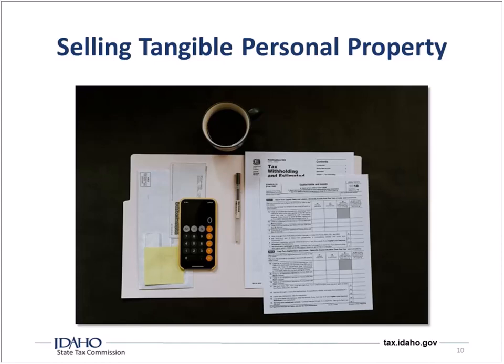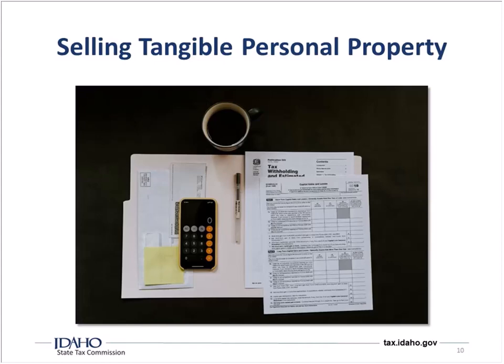Yeah, I see that. Is it different for online-only businesses? That's a great question. The answer is not really, except in certain circumstances. For example, if all of your sales are being made out of state and you don't ever sell anything into Idaho, you may not have to have a seller's permit for Idaho.